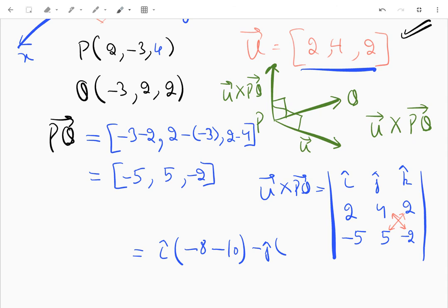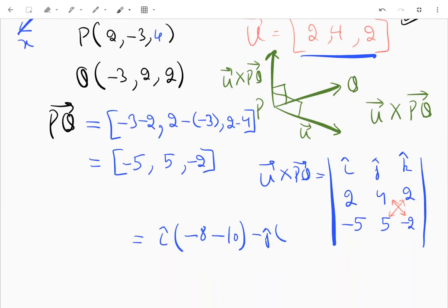I'll skip these and repeat the same procedure. Product of these two, which is negative 4, minus the product of these two, which is negative 10.